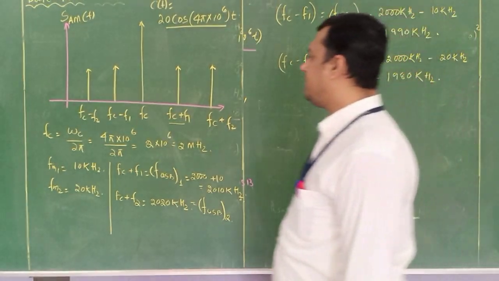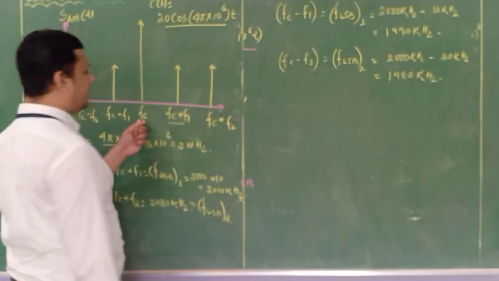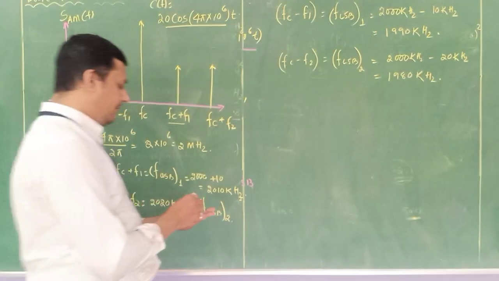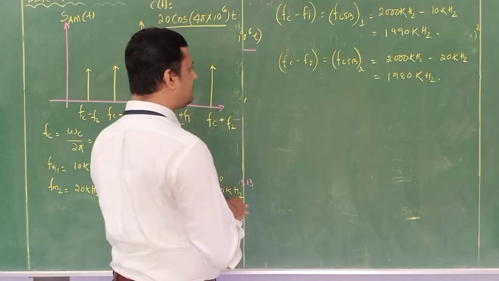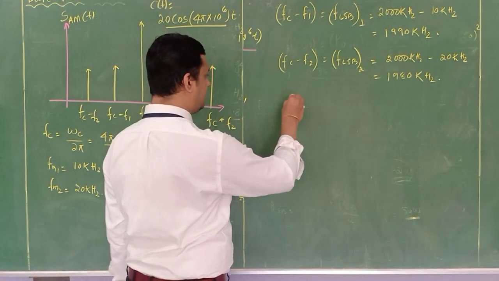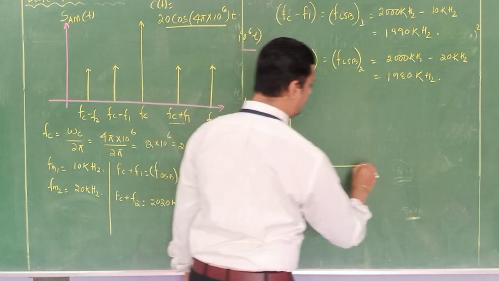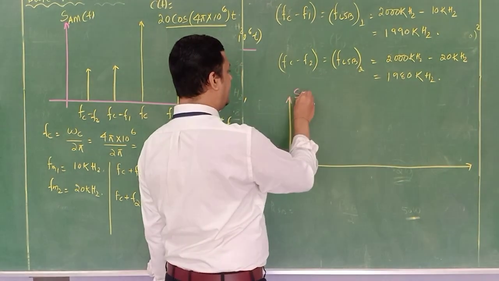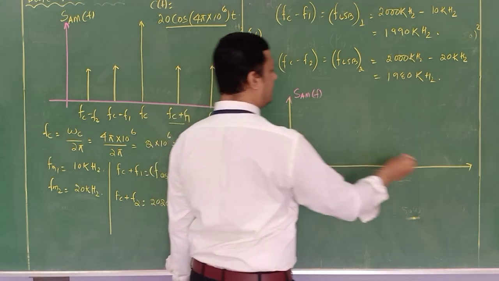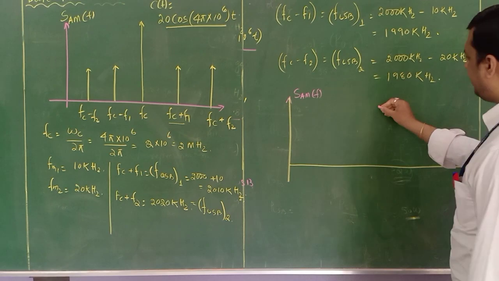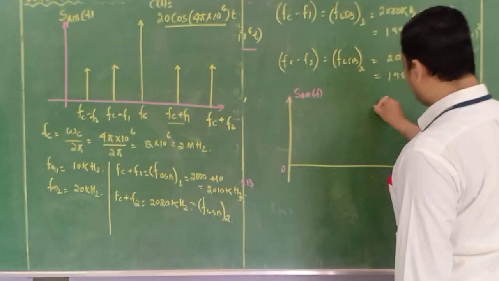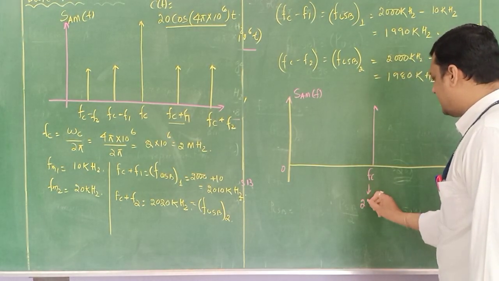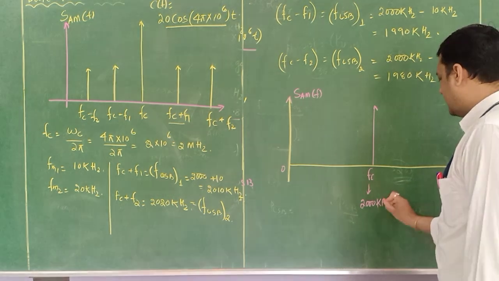Then here we can represent the positions. The first position is Fc, which is equal to 2 megahertz. So this is my AM signal. First this is 0, so let us consider this is Fc, 2000 kilohertz.